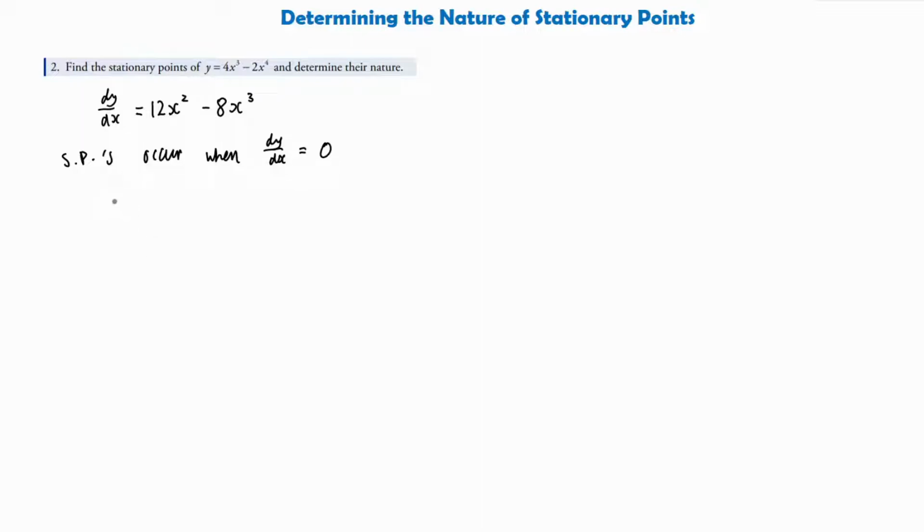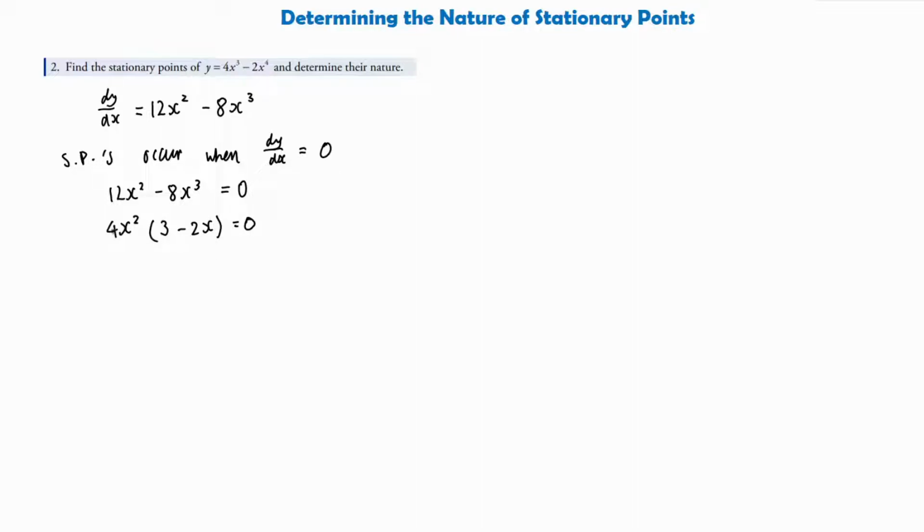So let's set 12x squared minus 8x cubed equal to 0. And we can take out a common factor of 4x squared in this case. So 4x squared, and then we're going to have 3 minus 2x is equal to 0.